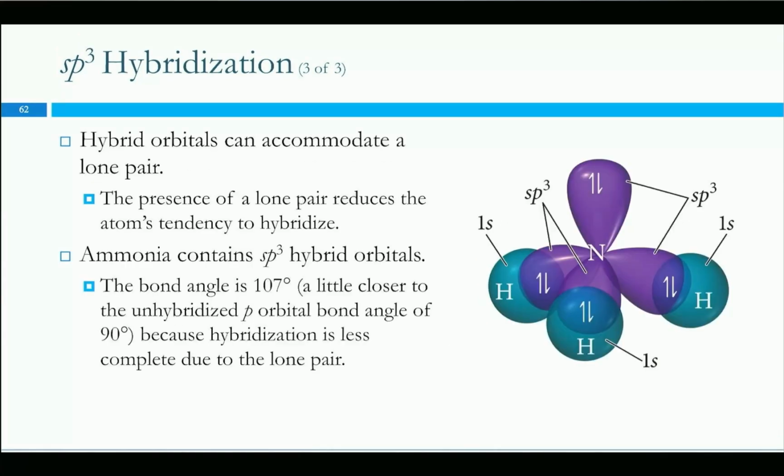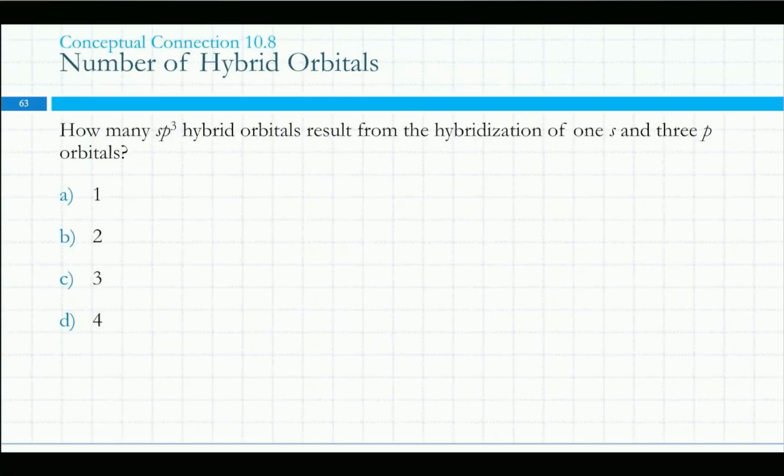These can also contain just lone pairs of electrons. So NH3 is trigonal pyramidal, and one of those hybridized orbitals, still hybridized, is a lone pair instead of having a bond. So how many sp3 hybrid orbitals, so how many total orbitals, do you get when you mix one s orbital and three p orbitals? 4.